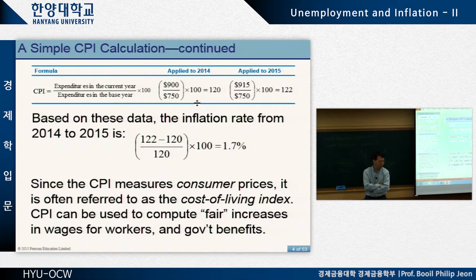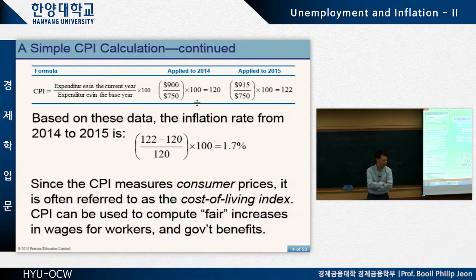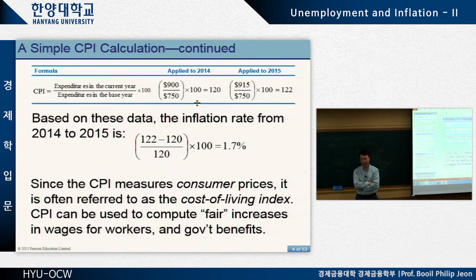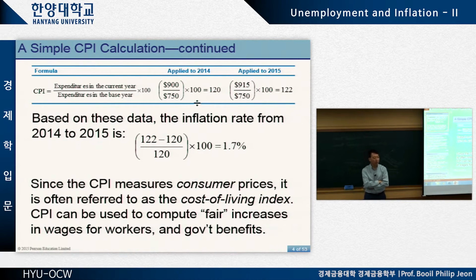Can someone interpret this number? What does a CPI of 120 mean? Not that difficult. Prices increased by 20%.